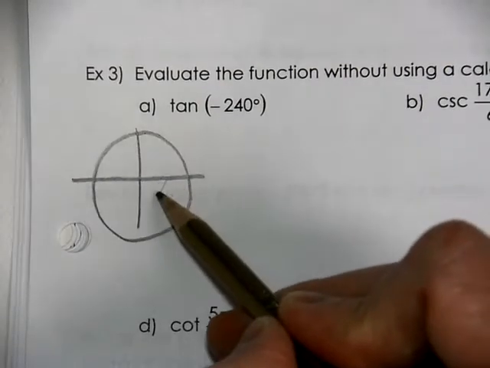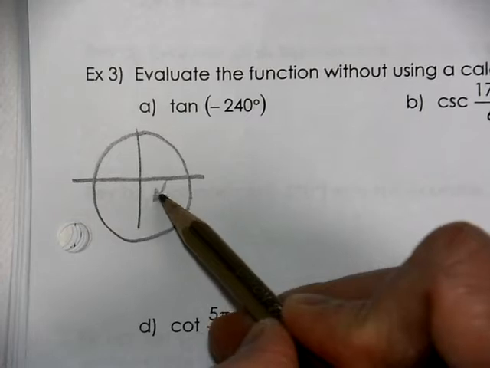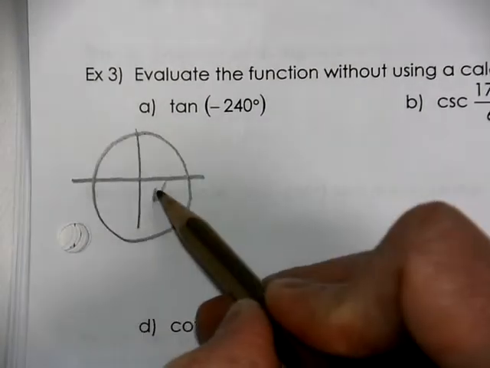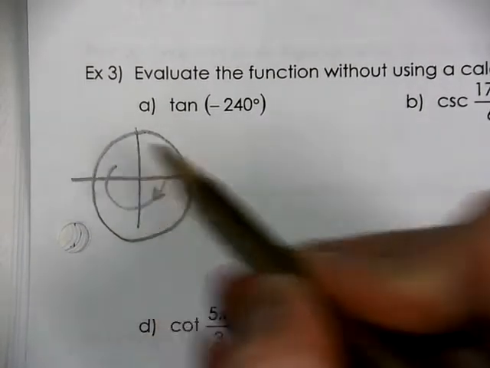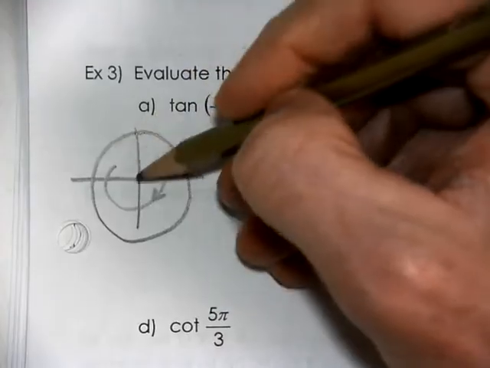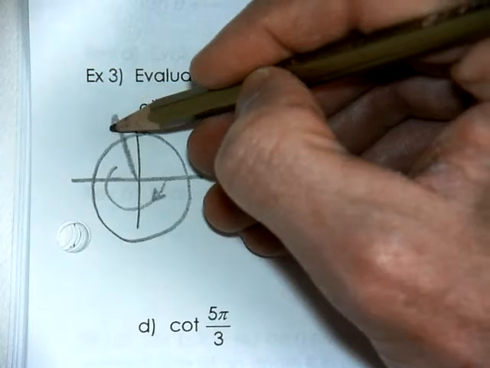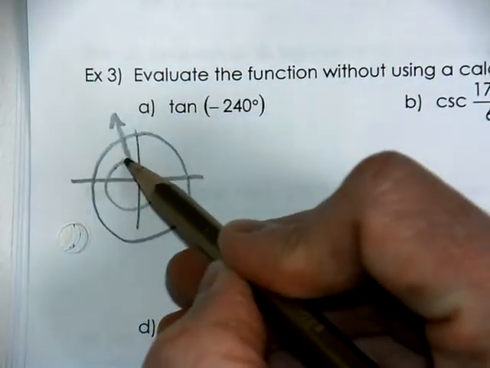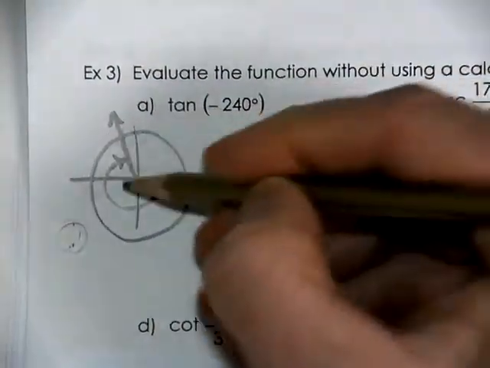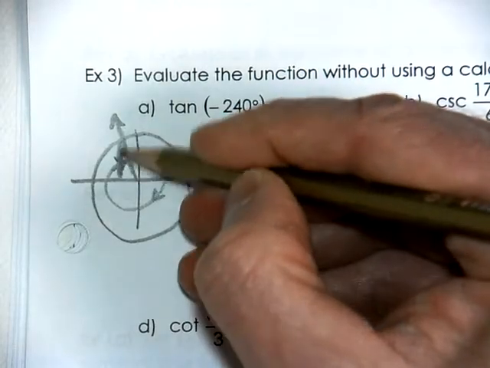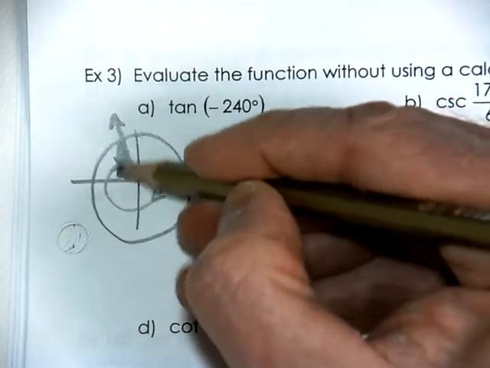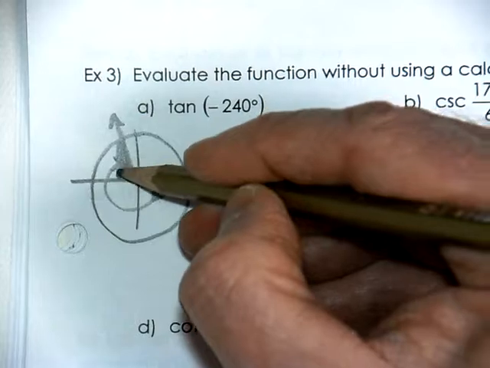So negative means that you're going to be going in a clockwise fashion. It's more than 180, but it's less than 270. So we could make a right triangle out of that. You always make the right triangle with the x-axis.